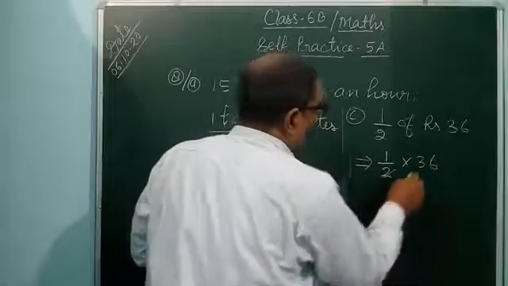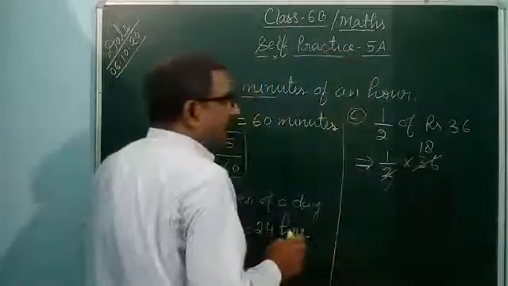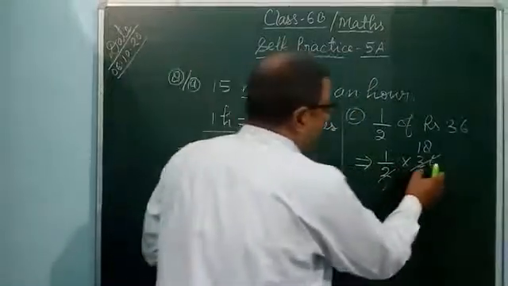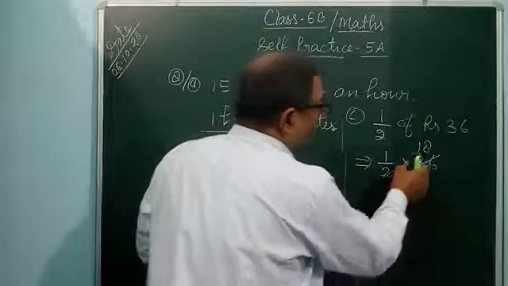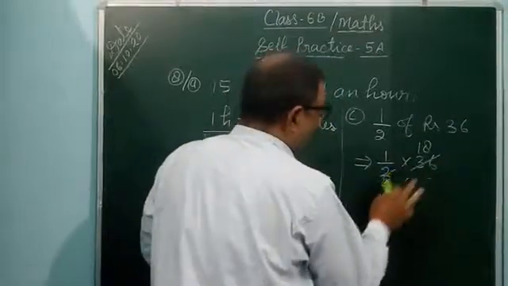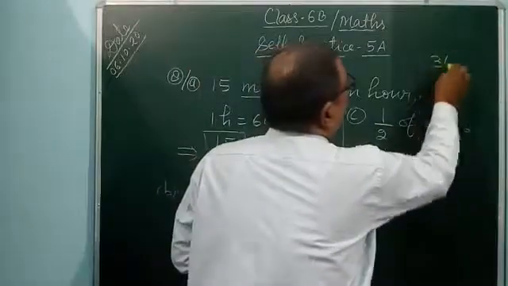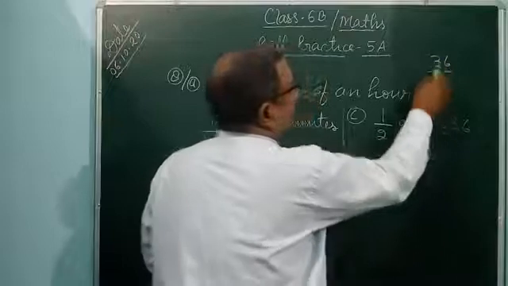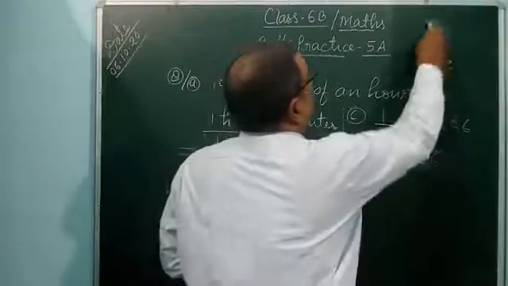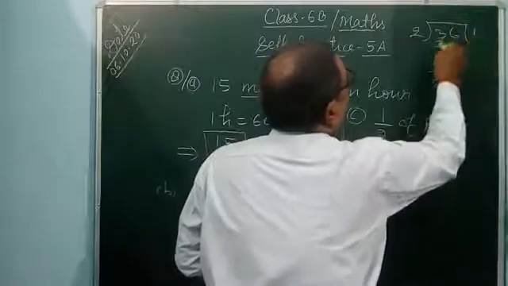So 2 ones are 2 and 2 eighteens are 36. If you divide 36 by 2, the answer will come 18. 36 by 2 means 36 is divided by 2.